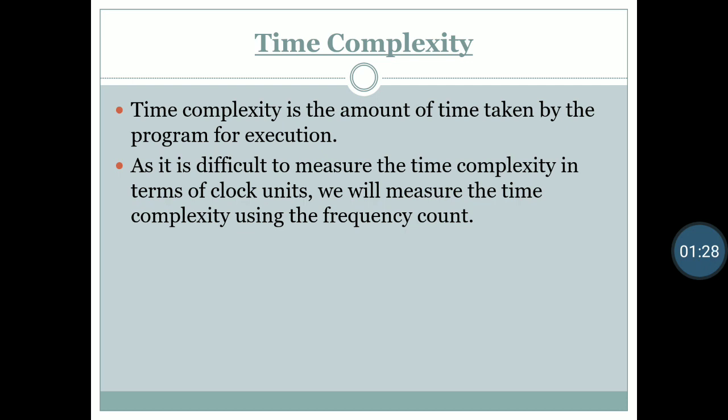Means if we are executing any program, then what is the time required for execution, from starting to ending? After running the program, how much time it takes to complete its execution, that time duration will be known as time complexity.